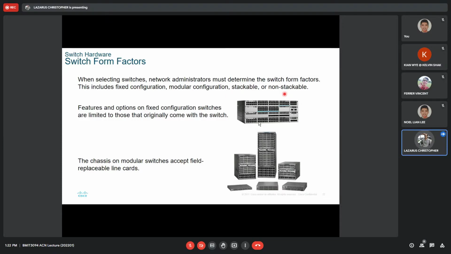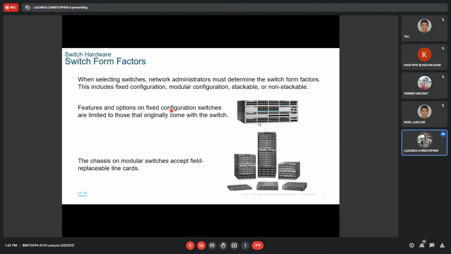So modular configuration and stackable usually, if your intention is that you're going to scale up your network in the near future. So you want your initial investment to be able to upgrade. Okay. For fixed configuration, there's no possibility for that. Now, why would you want fixed configurations?